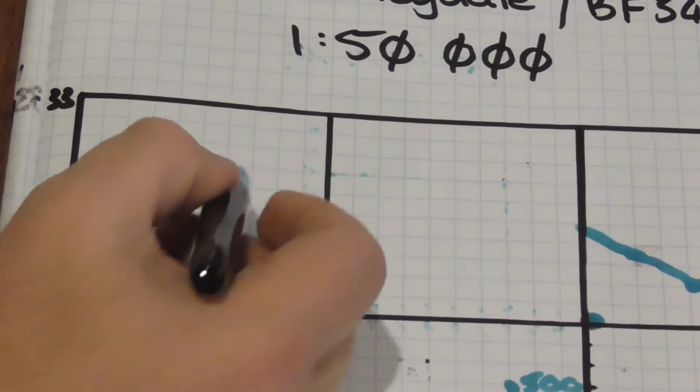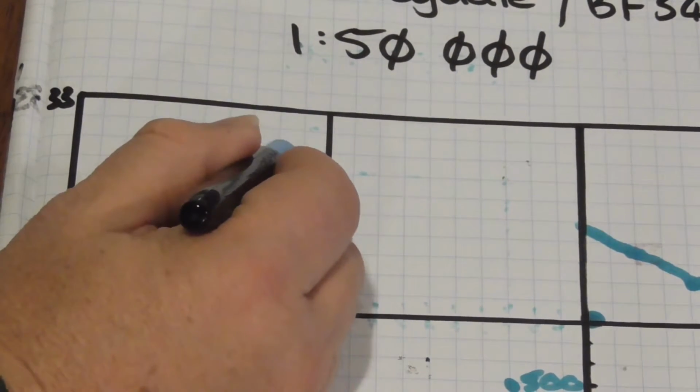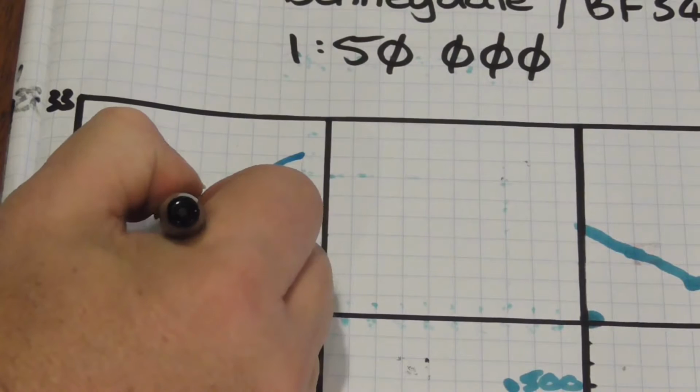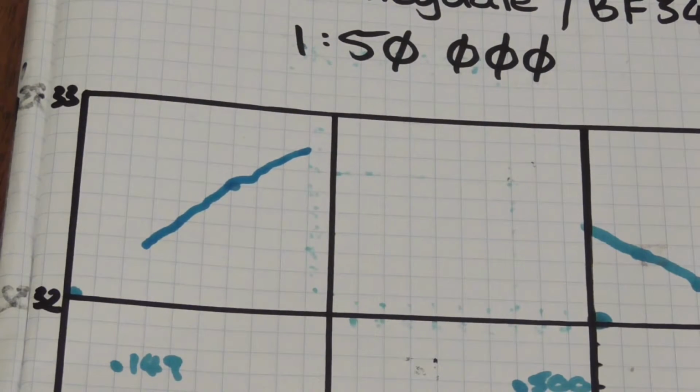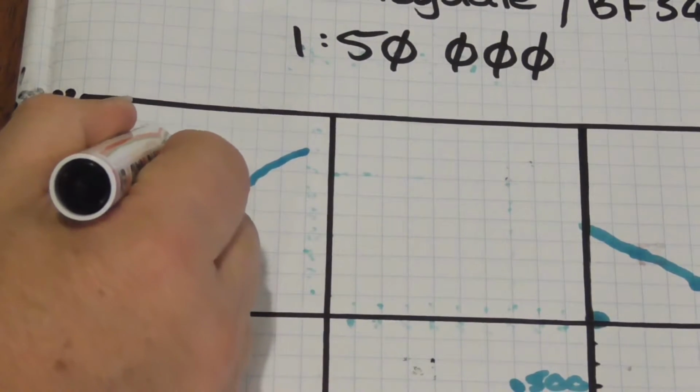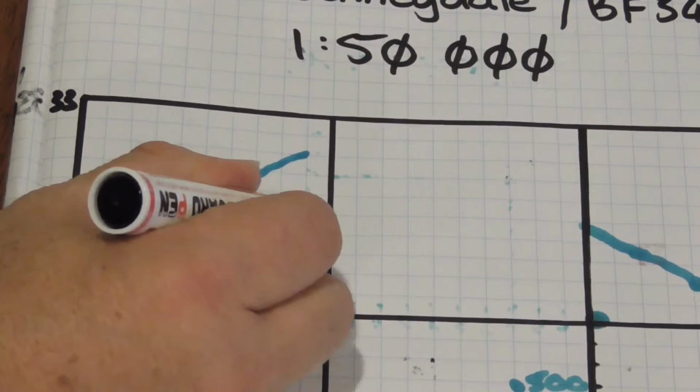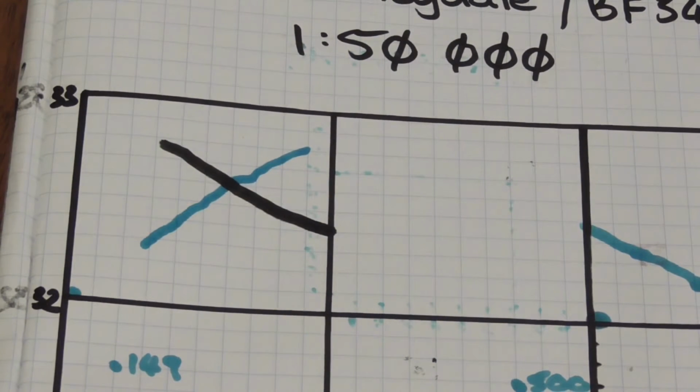So we might see something like this. It might have a stream going like that, and a track going like that. Right, the track going through, crossing the stream, or the stream crossing the track.